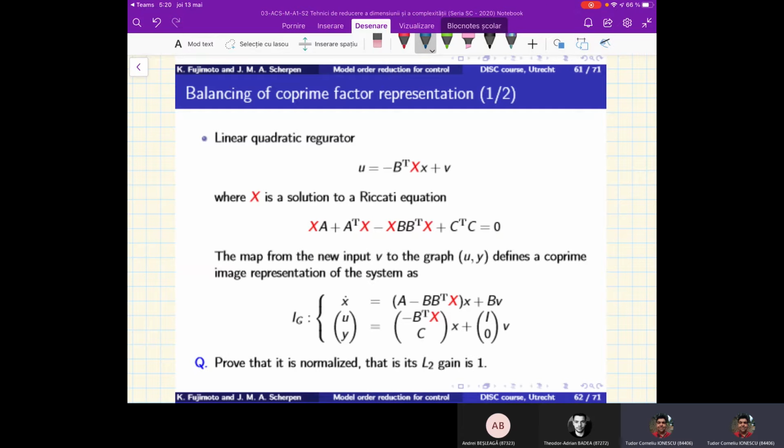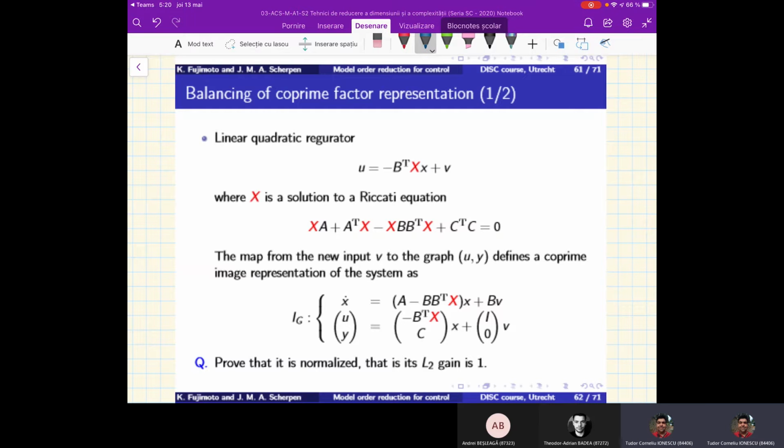Essentially, you think that you have a linear quadratic regulator. So you get this control law over the input, where X is the solution of this Riccati equation. You have been studying LQR, those of you who attended B1 last year. In the last semester, this time last year, you had a lecture on optimal control, didn't you?